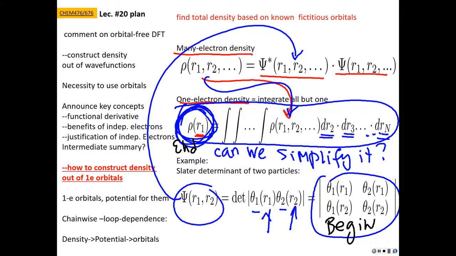So we need density. If the density depends on all positions of all electrons, many-electron density, it will be by definition the absolute value squared.